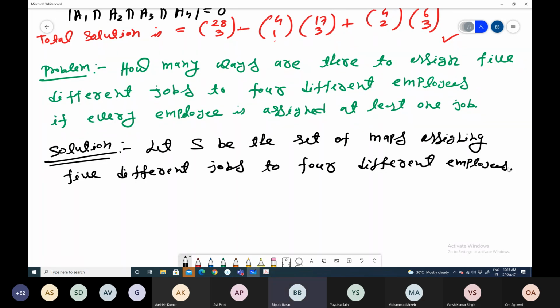Okay, so with no restriction. So we are not restricting that each one will have at least one job. So we are not restricting that.